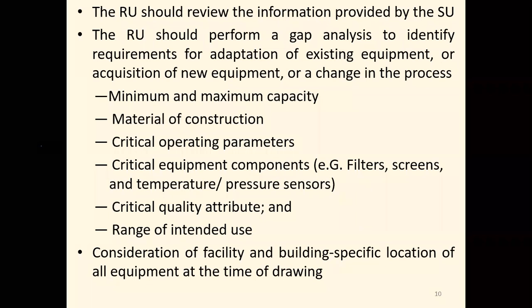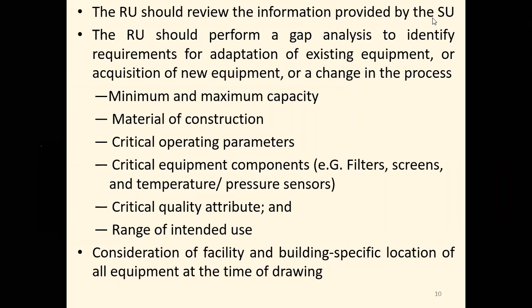Then, when we consider the facility and building, the specific location of all equipment at the RU should be considered at the time of drawing process maps or flow charts of the manufacturing process to be transferred, including flow of personnel and materials.